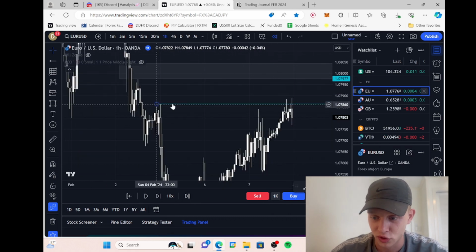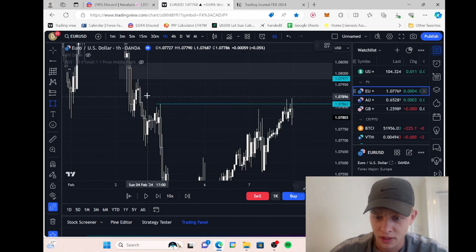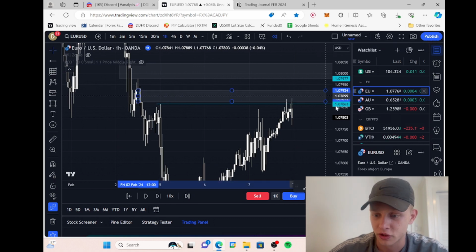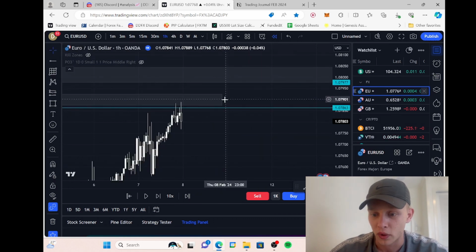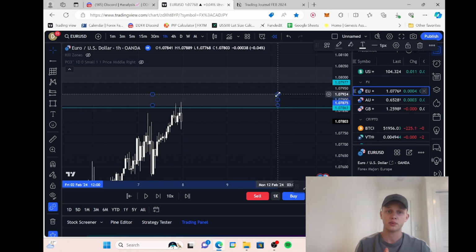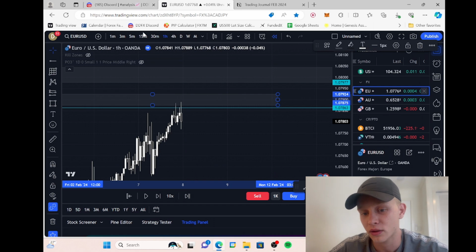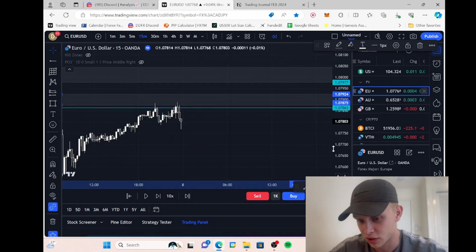Because if you look here, we swept out this high, and now we tapped into this 1-hour fair value gap. So we have a higher time frame sweep and a higher time frame fair value gap that we've tapped into. So that's an indication to me that price wants to go lower.